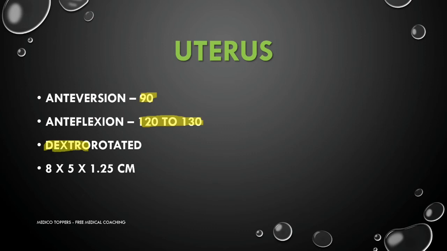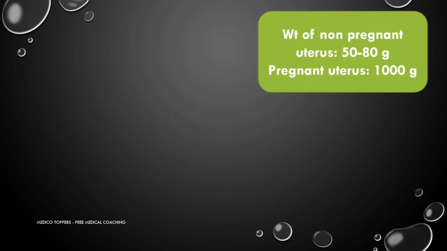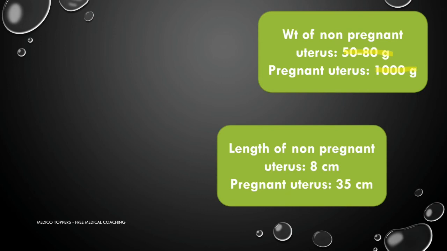Uterus measures 8 cm long, 5 cm wide and 1.25 cm thick. Weight of non-pregnant uterus is 50 to 80 gram, but pregnant uterus is 1 kilogram.